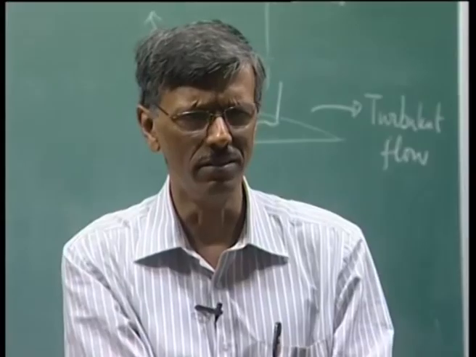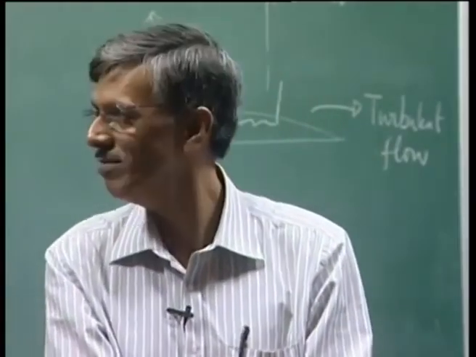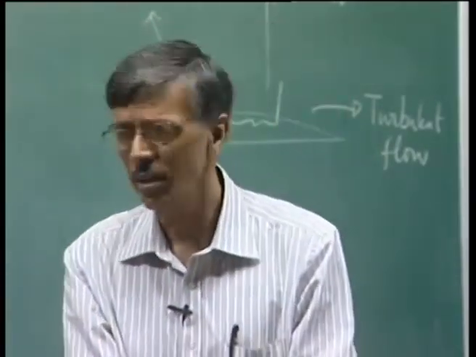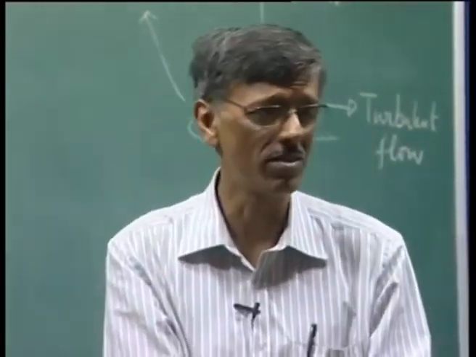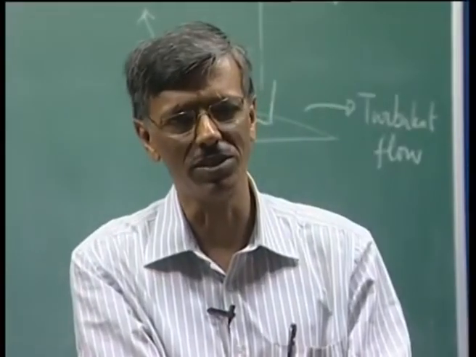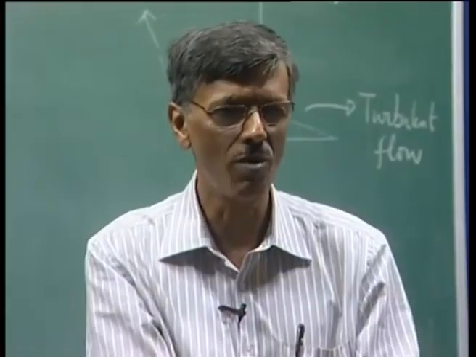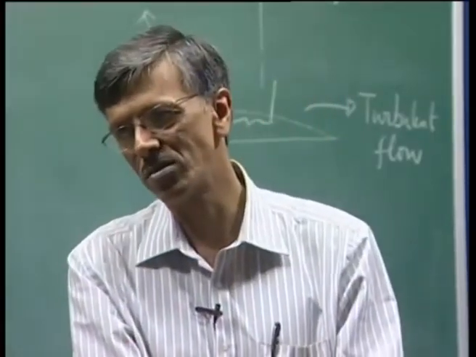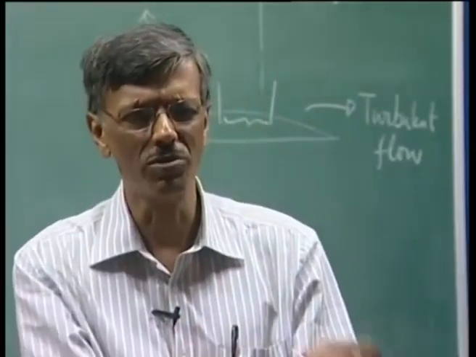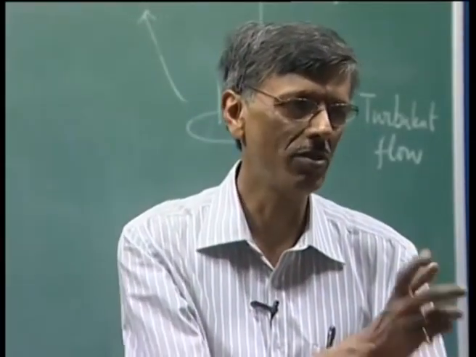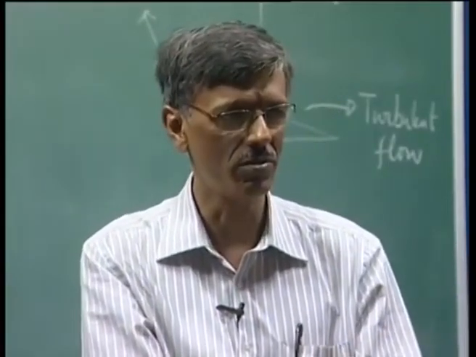This looks very convincing, compelling to follow, right. But then there were other people, mathematicians and physicists, who were not thoroughly convinced. Two of them, a mathematician by name Orr and physicist named Sommerfeld, actually wrote down the disturbance equations including the viscous action, and that equation is called the Orr-Sommerfeld equation.